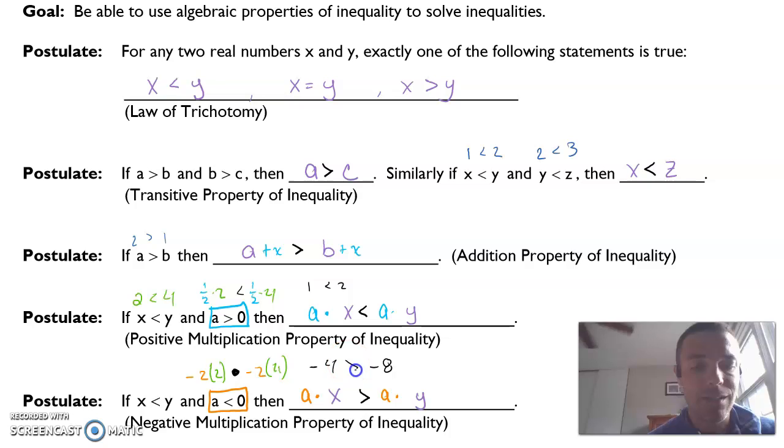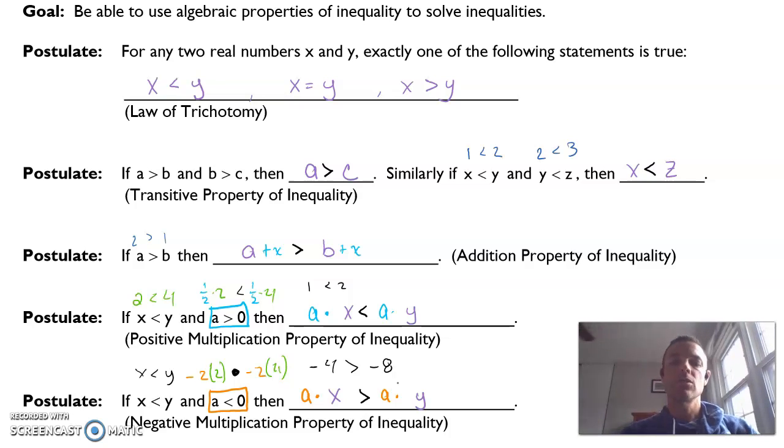Well, -8 is now less. So it started with x being less than y, or 2 being less than 4, and after I multiplied by a negative, my inequality switches. It's these 5 postulates that we are going to implement and use as we move through the lesson today.